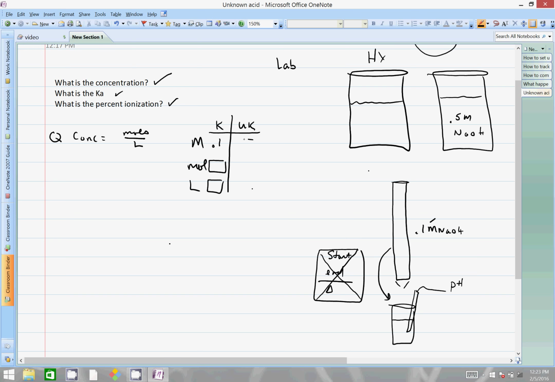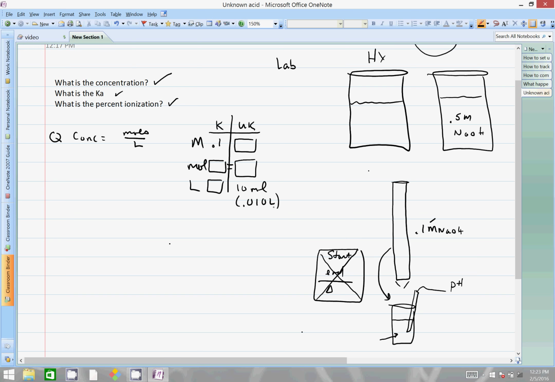The unknown concentration is what I want to find. These are equal. The volume of the unknown, so somewhere here, let's say you take 10 milliliters. This would be equivalent to 0.010 liters.